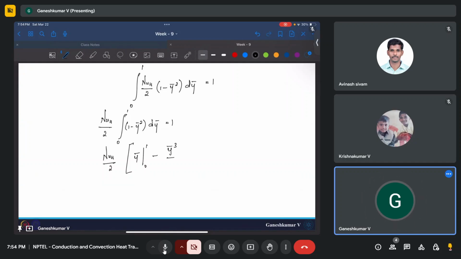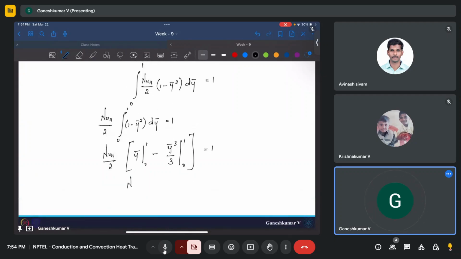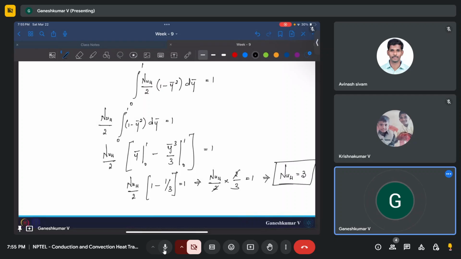You apply the limits here. This should be equal to 1. So this becomes Nu_h by 2 times 1 minus 1 by 3 equal to 1. This becomes Nu_h by 2 into 2 by 3. The 2 gets cancelled. So this finally gives you Nu_h equal to 3. So this is your Nusselt number correlation based on h.